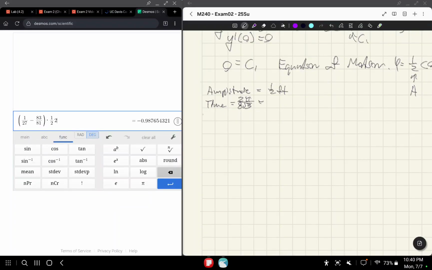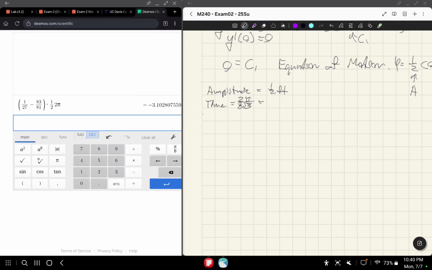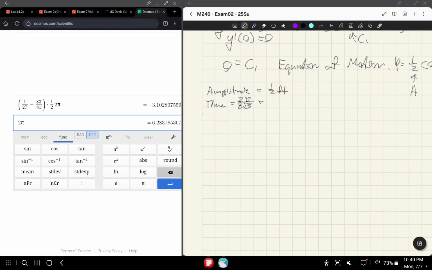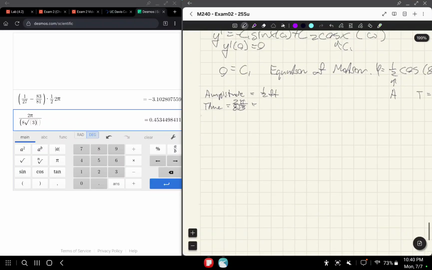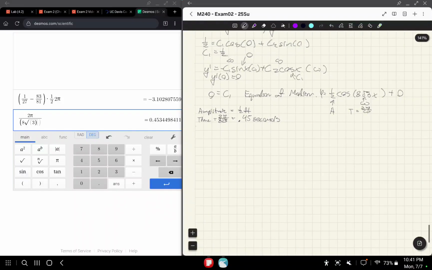There's no pi here. 2 pi divided by 8 square root 3, and that's about 0.45 seconds. That is the period.